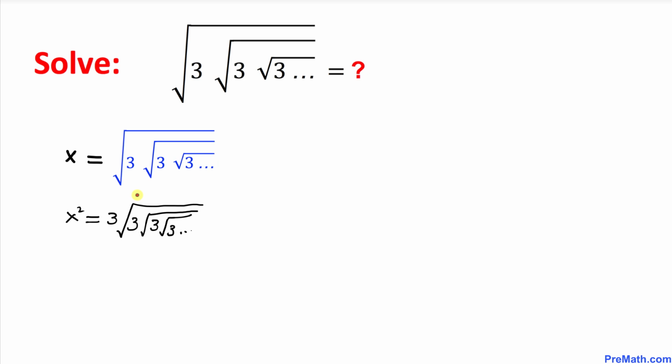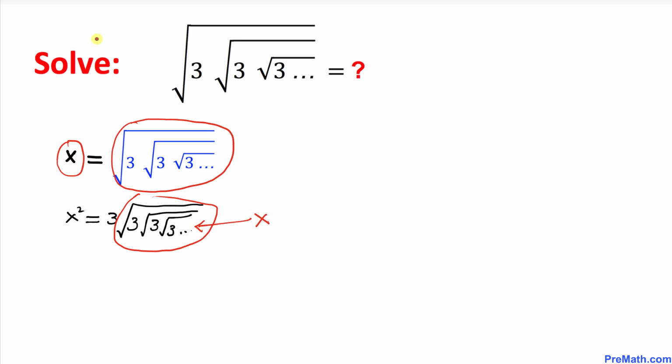And now let's focus on this part over here. These are the infinitely many radicals, and these are infinitely many nested radicals as well. So since this is equal to x, then we can set this one equal to x as well.